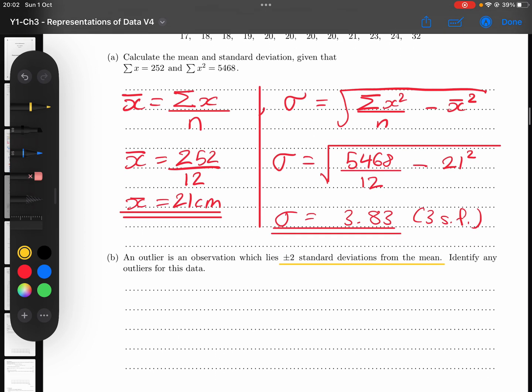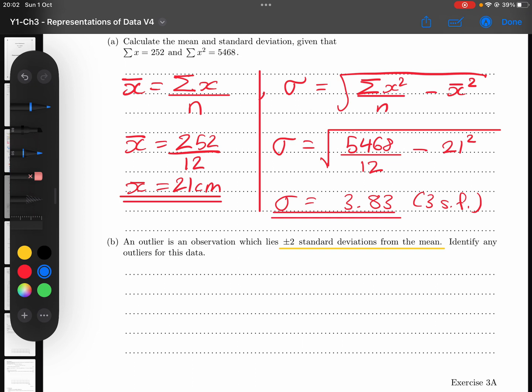In a similar way to last time, I'm going to be looking for a lower boundary. So that means I'm going to start at the mean, x bar, and I'm going to take away 2 standard deviations to get a lower boundary for outliers.